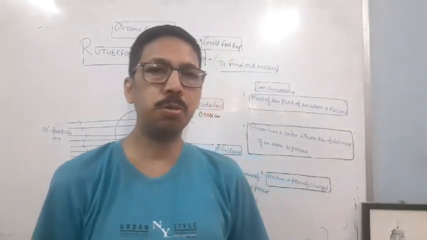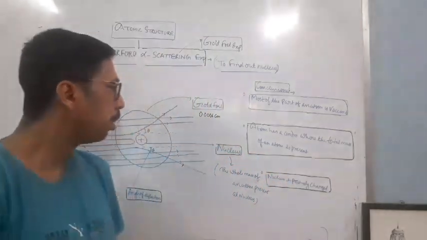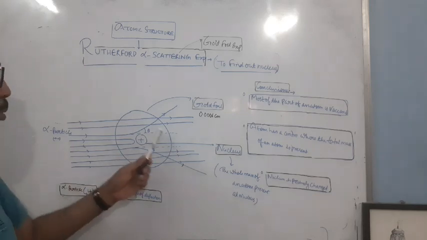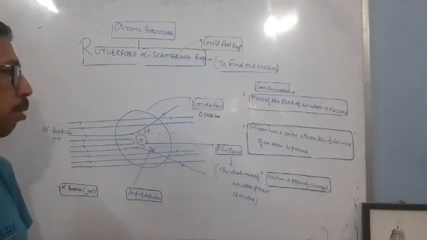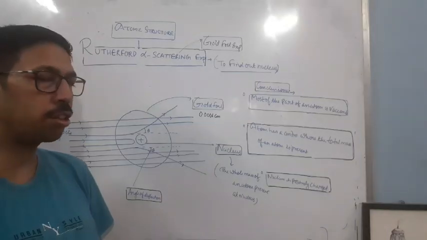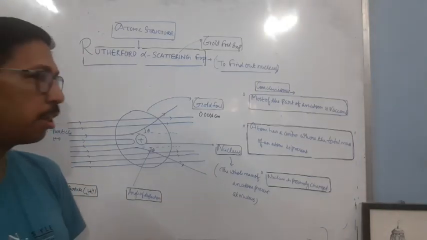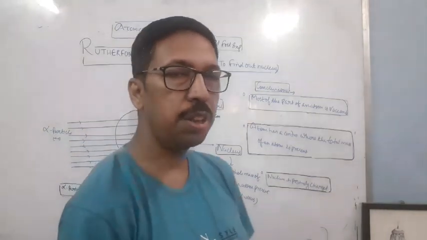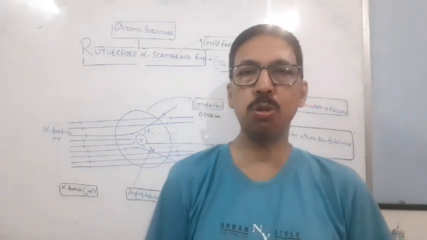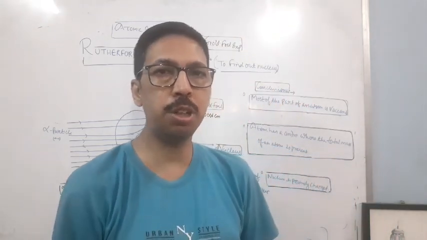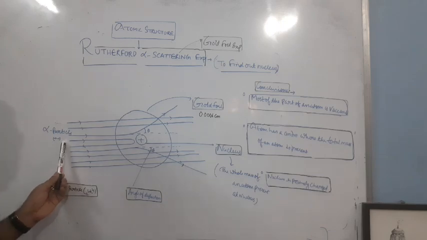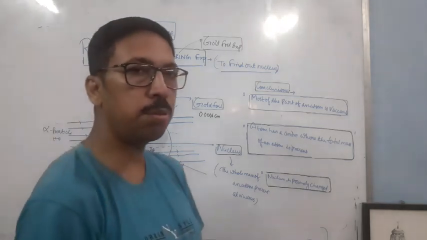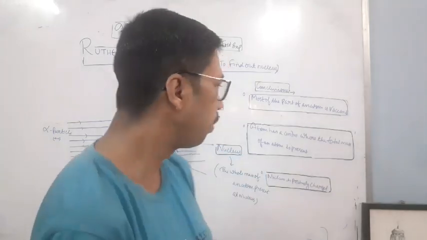And how Rutherford performed this experiment: he took a very thin foil of gold, about 0.0006 centimeter thick, and bombarded this gold foil with high speed moving alpha particles. Each alpha particle carries 2 units of positive charge, and he observed the following results.